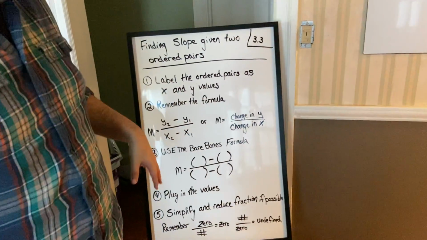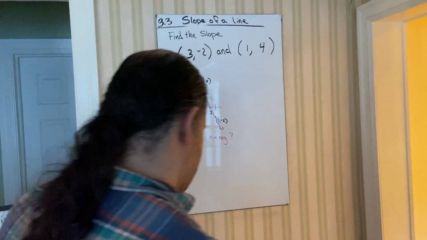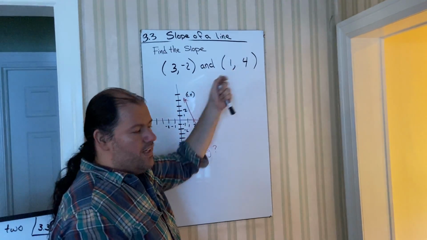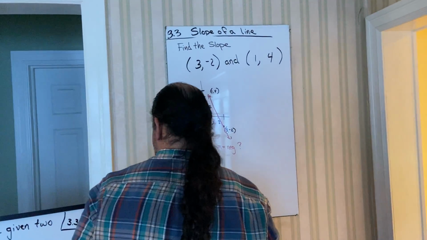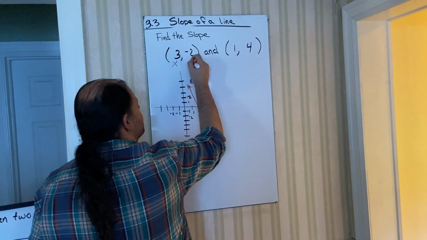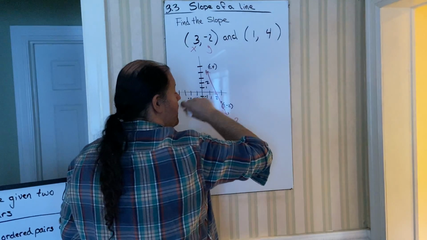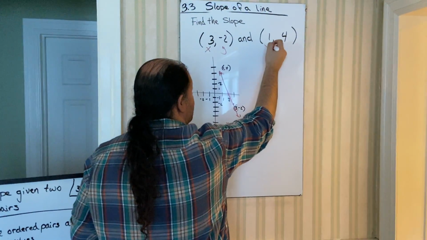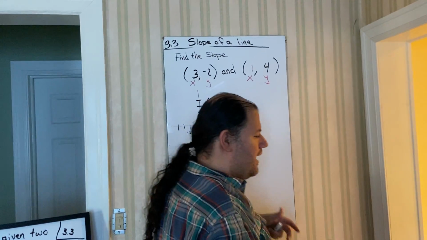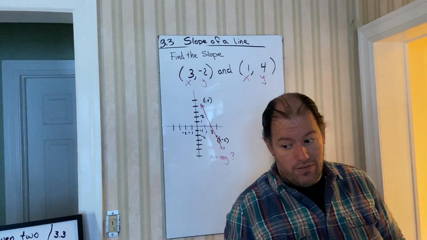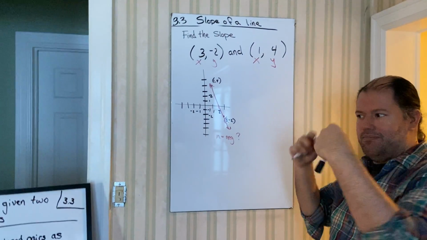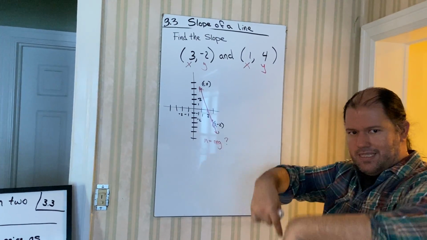So now that we went over this, let's take a look at this. We said this is one ordered pair, this is your second ordered pair. So the first step it says is label the parts given. So we know that this is an x, this is a y, because every ordered pair has an x and a y. Now that I know which values are x and which ones are y, I know that I have to subtract my y's on top and then subtract my x's at the bottom.